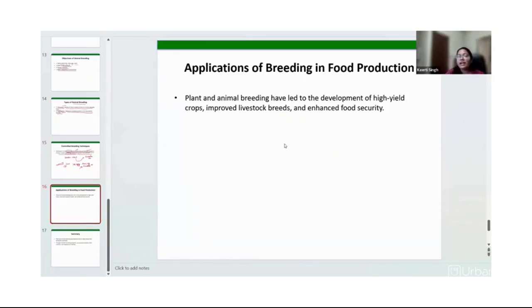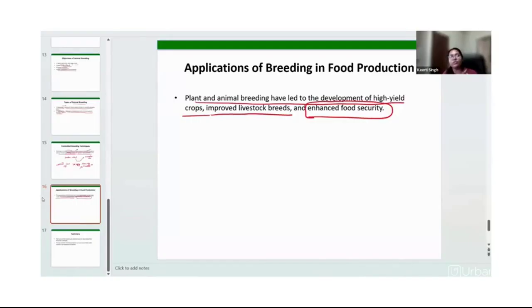So what we are actually doing with this plant and animal breeding, we are yielding high yield crops in case of plants. In case of animals, we are improving the livestock breeds, and we are enhancing food security. If we are going to have very high yielding crops, of course, there will be no shortage of food, right?